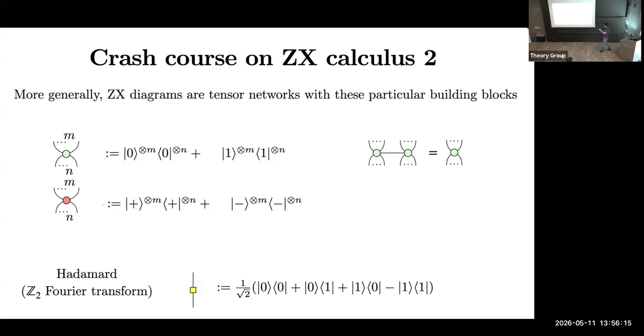And a key property I'll use here is called fusion, which is, if I have a GHZ state and another GHZ state, and I contract them together, it's just a bigger GHZ state. It's just a bigger ferromagnet. So it just becomes a bigger tensor with the same number of legs pointing out. Okay. So that's all the building blocks I will use. And I'm going to use this to create the Kramers-Wannier duality.